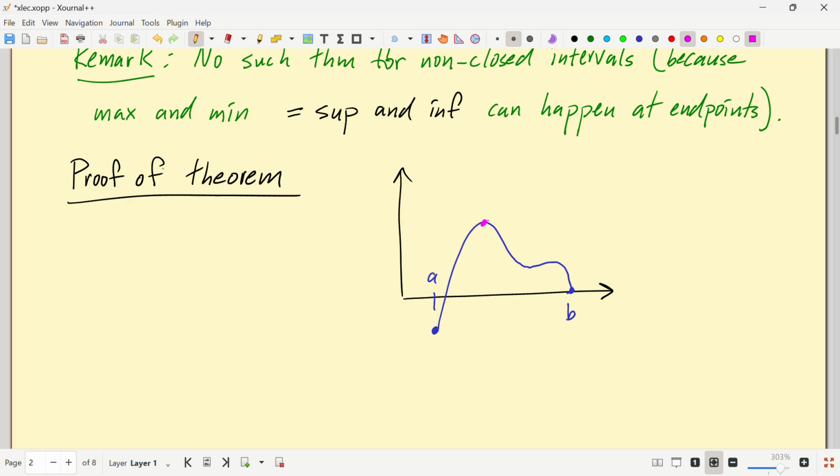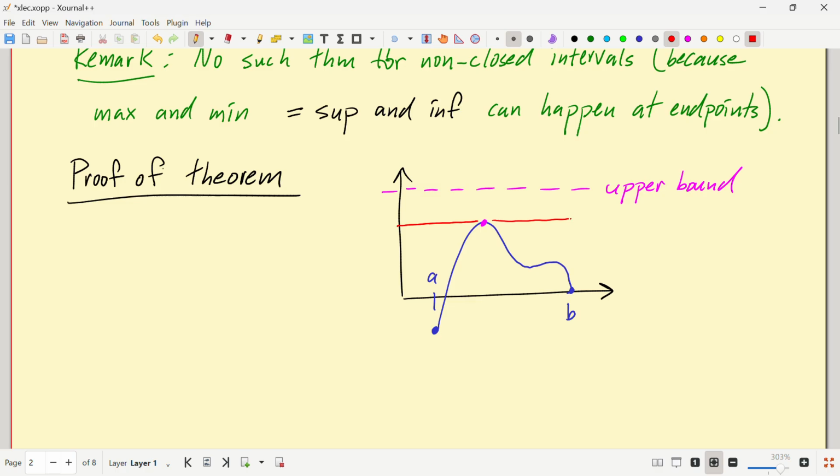And we know it's bounded, so there's an upper bound. And as we slide that upper bound down, we're going to get a least upper bound.